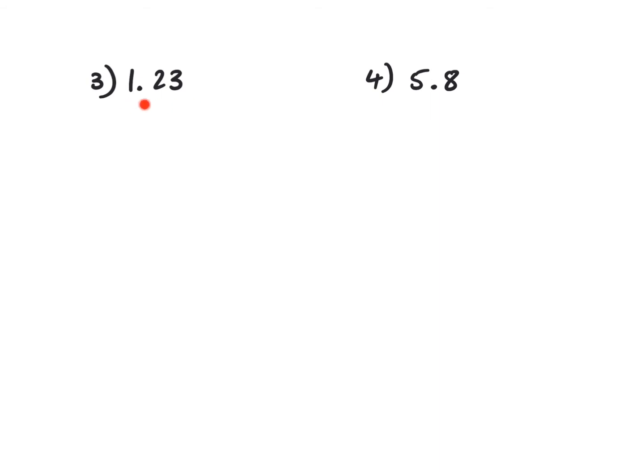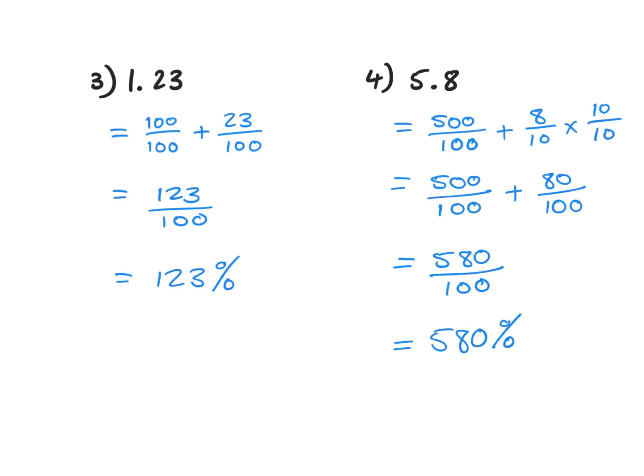Right, two more for you to have a go at, 1.23 and 4.5. Convert those to percentages. Put the video on pause and come back to see if you got them both right. Alright, well there are your answers. The first one is 123% and all my workings are there.